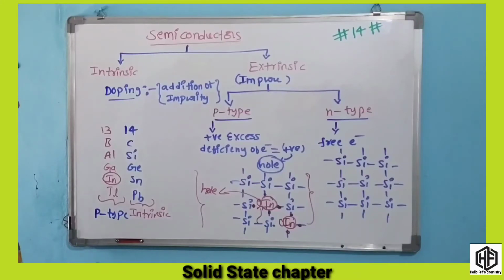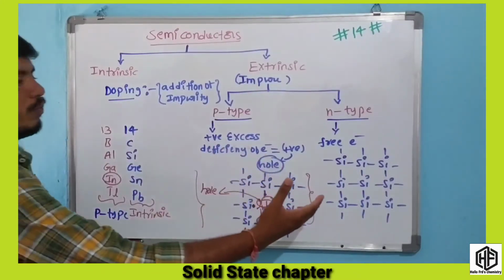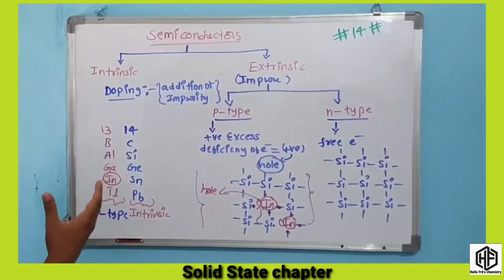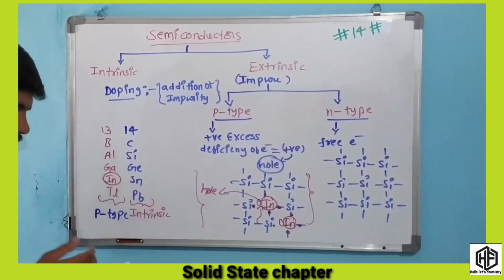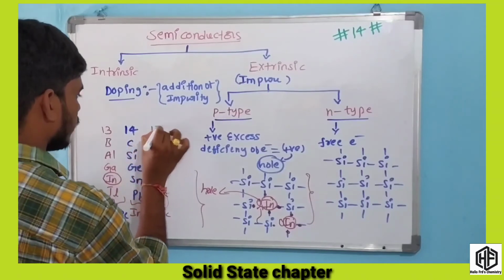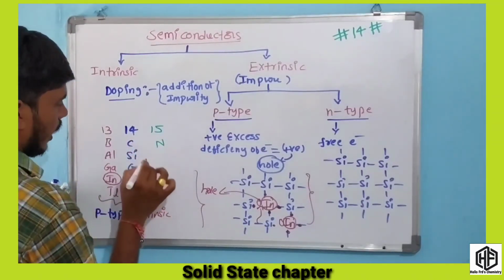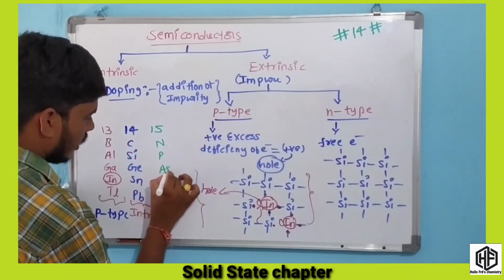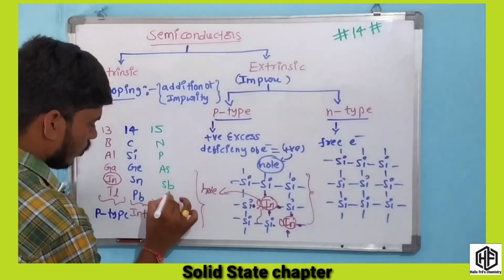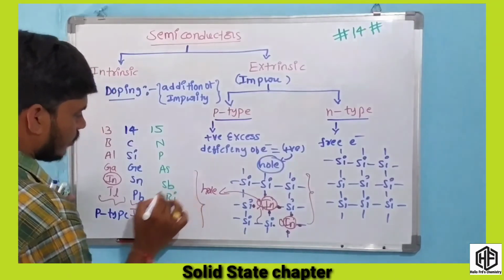N-type semiconductor means this is the 14th group element. When an impurity from the 15th group is added to this 14th group element, doping takes place. The 15th group elements are nitrogen, phosphorus, arsenic, antimony and bismuth.